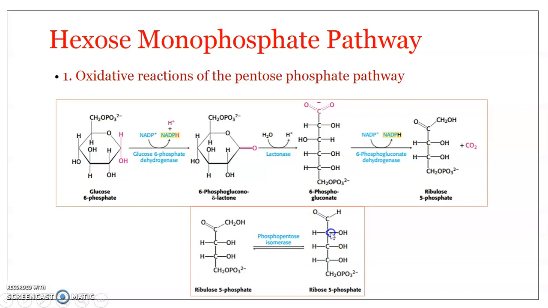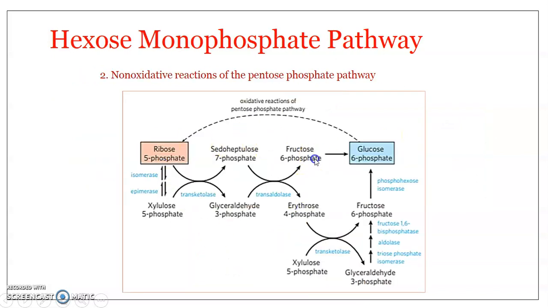In the non-oxidative phase, this involves a series of reactions by which the pentose phosphates are converted to intermediate products of the glycolytic pathway, like glucose 6-phosphate or fructose 6-phosphate or glyceraldehyde 3-phosphate. So all these are intermediate substrates of glycolysis, isn't it?